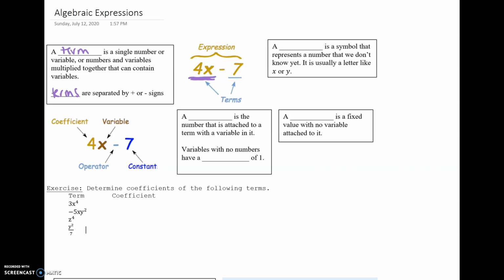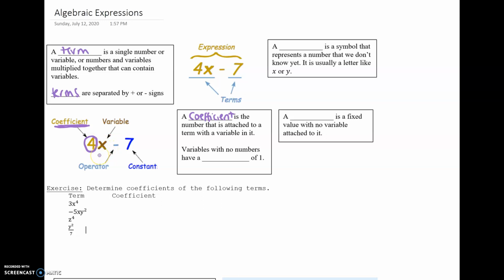Okay, and I'm just going to erase my marks here. A coefficient is the number that is attached to a term with a variable in it. So that's what a coefficient is. If we look to the left here, the coefficient in this exact same expression is going to be the 4, because it is the number that's attached to the variable.